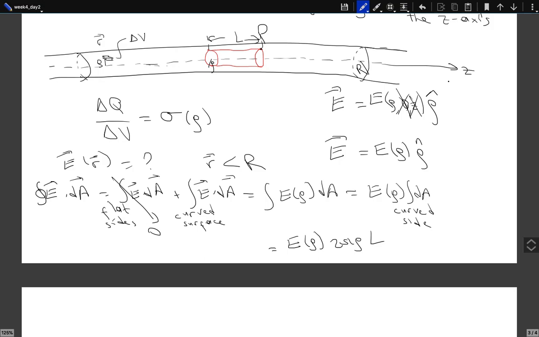If it was an infinitely thin wire, I would have chosen the same Gauss surface, evaluated E dot dA in exactly the same manner, and gotten exactly the same result. That is what we did before. Or if I had chosen a Gaussian surface which was not in the wire but outside the wire, exactly the same derivation. This result, that E dot dA is equal to E times 2 pi rho times L, doesn't depend on whether my Gauss surface is inside or outside. I will have exactly the same result.